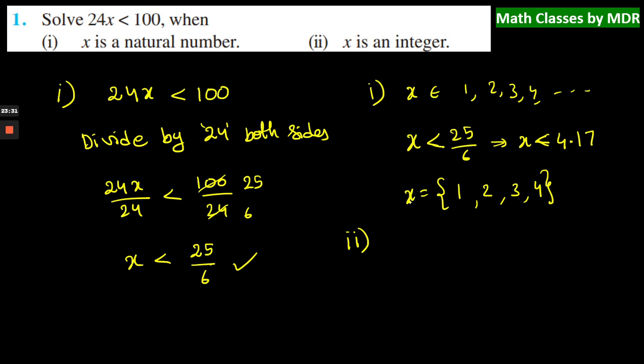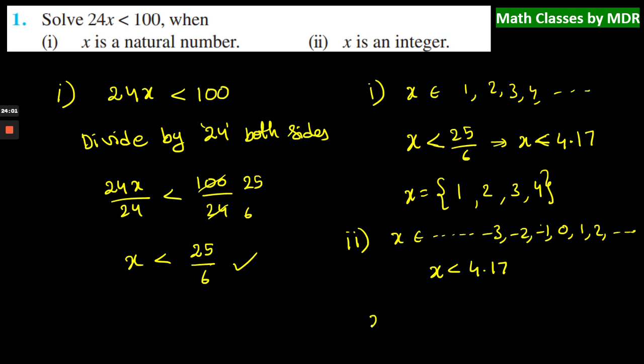Let's see the second one. We know that integers include all negative numbers too, right? X belongs to the set of ..., minus 3, minus 2, minus 1, 0, 1, 2 and so on. So x less than 4.17 here also. Which is the highest integer less than 4.17? 4 is the highest. And then 4, 3, 2, 1, 0, minus 1, minus 2, minus 3 and so on.